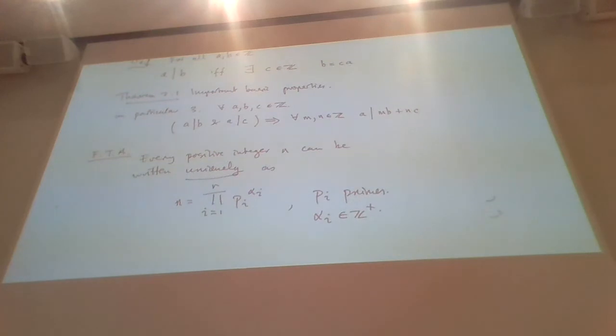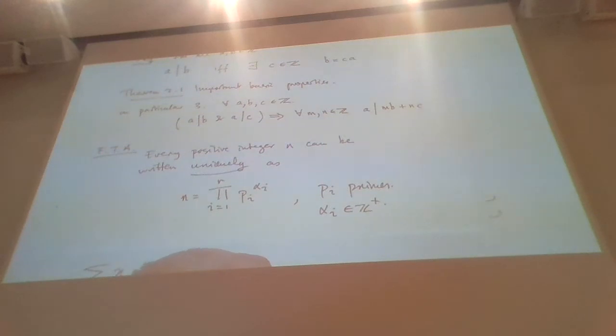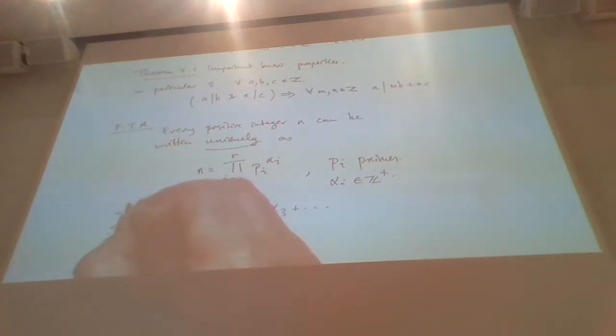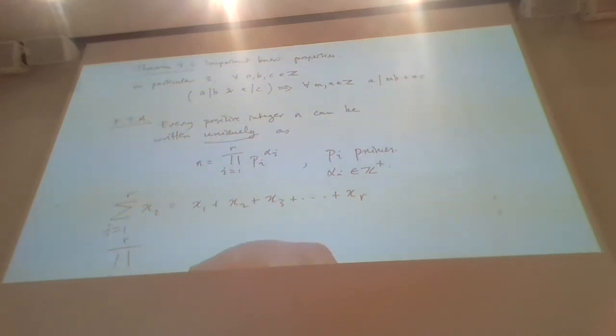Just as a reminder, just as the sum of x_i is x_1 plus x_2 plus x_3 plus, and so on, say i equals 1 to r, the product symbol, which is a capital pi instead of the capital sigma, of x_i would be x_1 multiplied by x_2 multiplied by x_3 all the way up to x_r.